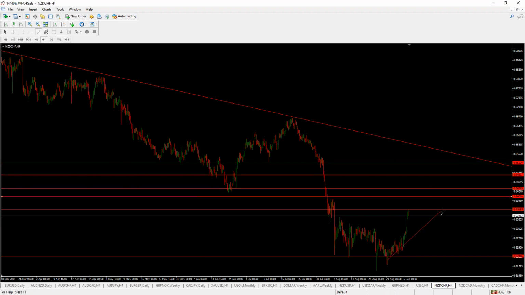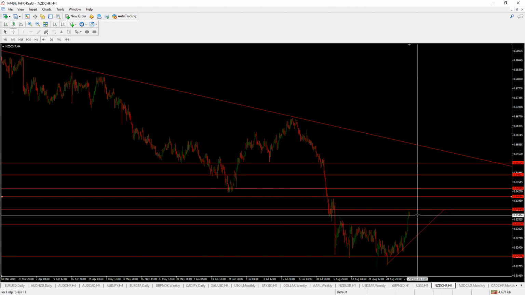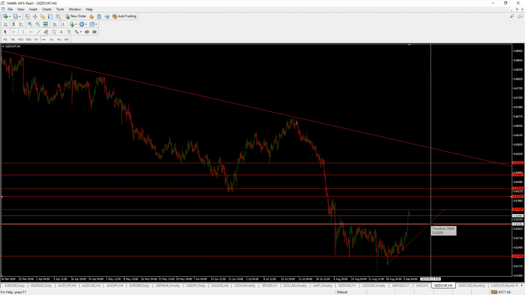How many pips do we have down to here? Only a 30 pip pullback. We'll get that and have a continuation to the upside, right?